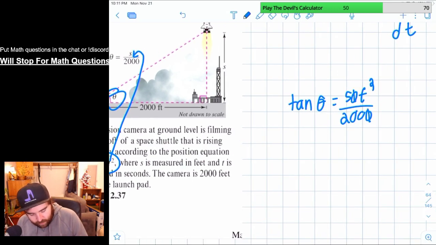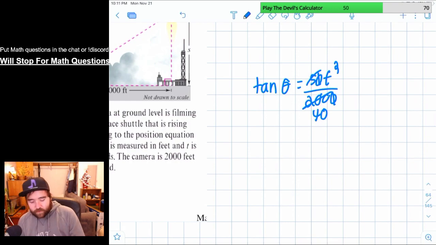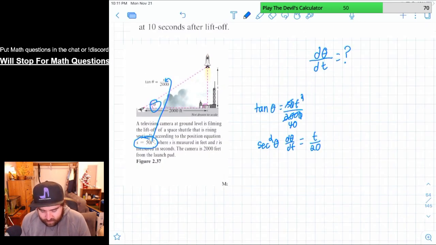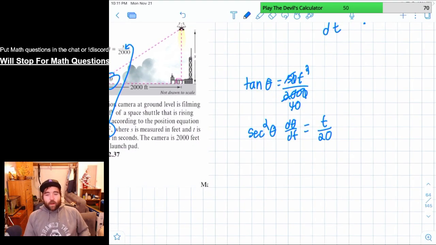So go ahead and simplify this. And then if I take the derivative, tangent is secant squared of theta, d theta/dt, equals t over 20. And you don't need the dt/dt. Yeah, that's fair.